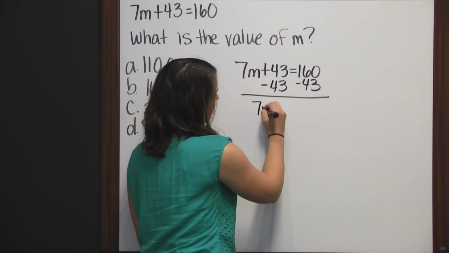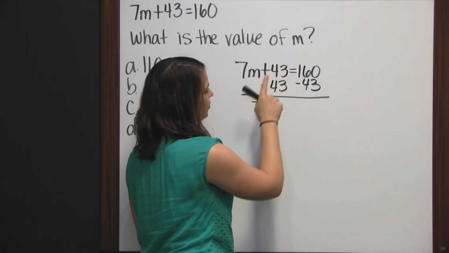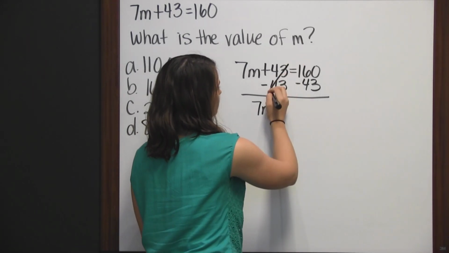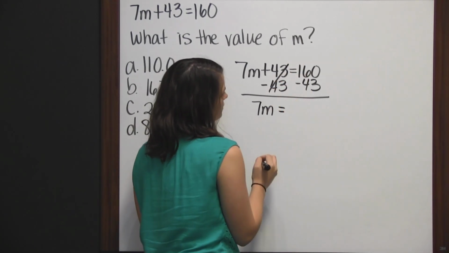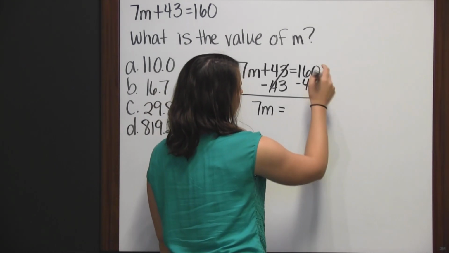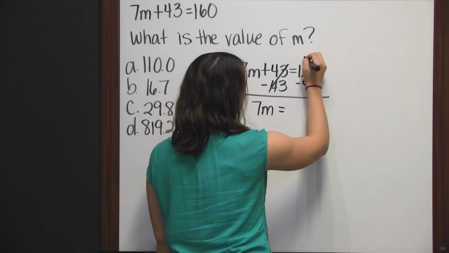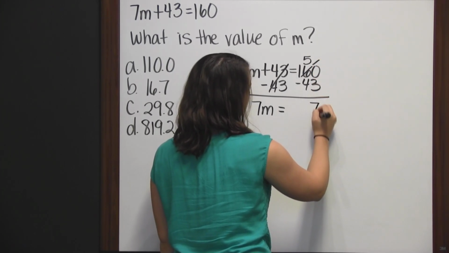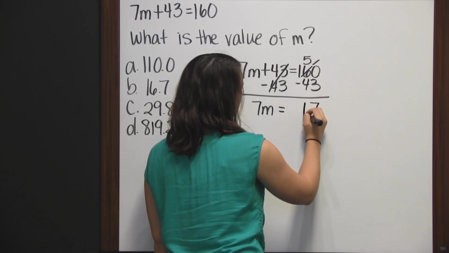So we bring down the 7m. Positive 43 minus 43 is 0, so those cancel. And we bring down the equals, and then we have to subtract. I can't take 3 from 0, so I'll borrow from the 6, that's a 5. Then I have 10 minus 3 is 7. 5 minus 4 is 1.